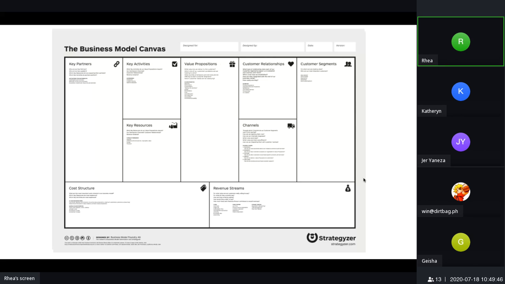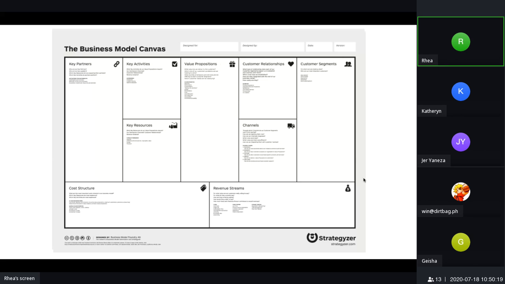The business model is not only applicable to startups, but even brick and mortar businesses are using this. They will have a snapshot, a one-image idea as to how their business would work, how they can earn money, how they can attract customers, how to maintain those customers, and other things deemed important in running a business.